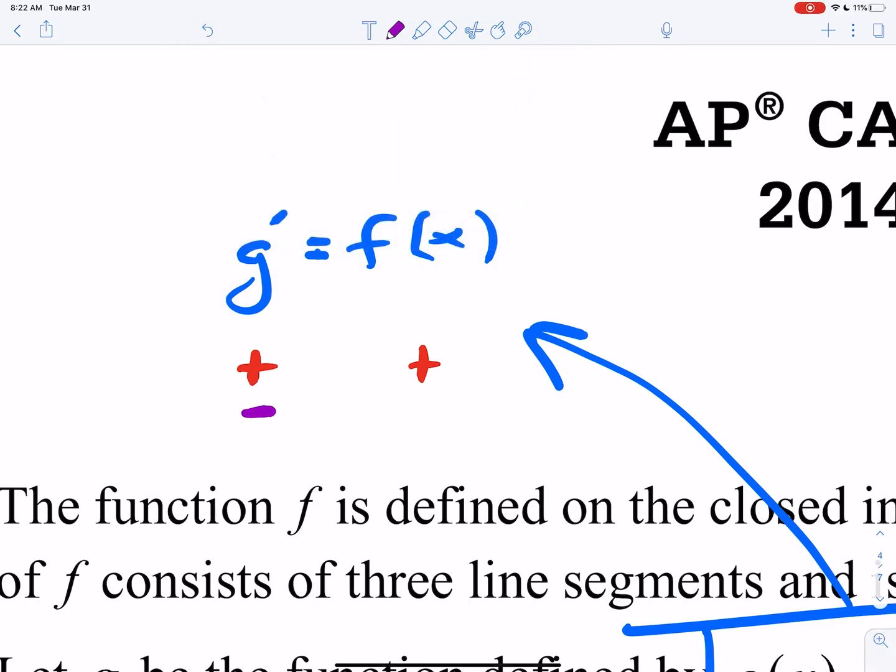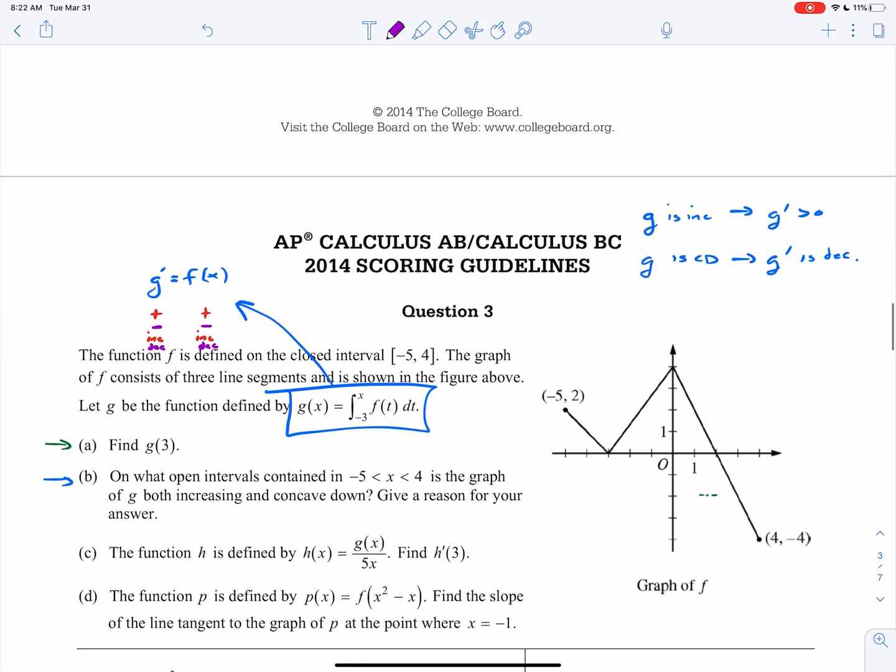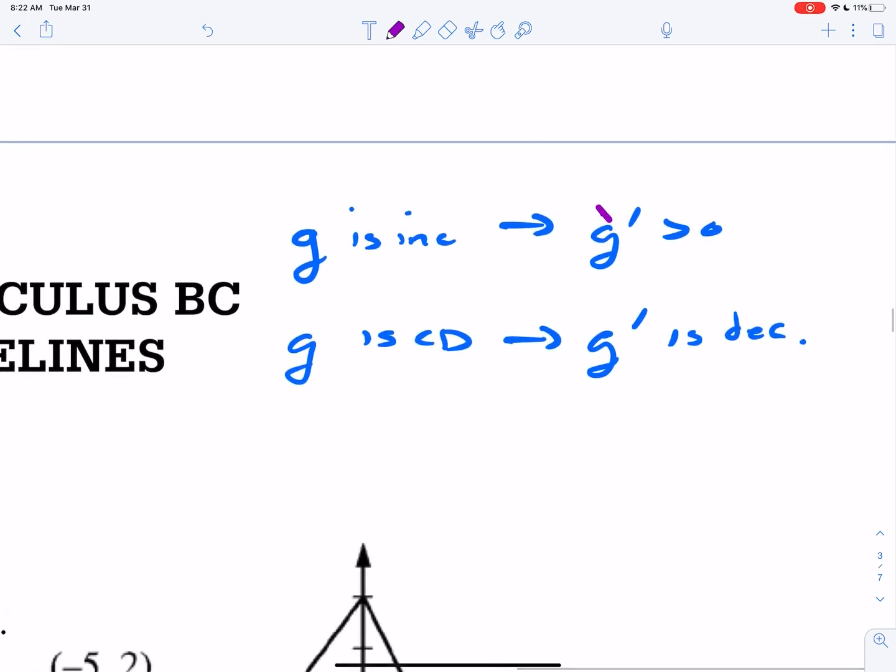If g prime is negative, f will also be negative. If g prime is increasing, f will also increase. Okay, and same thing, if g prime is decreasing, f will also decrease. So they're both equivalent.